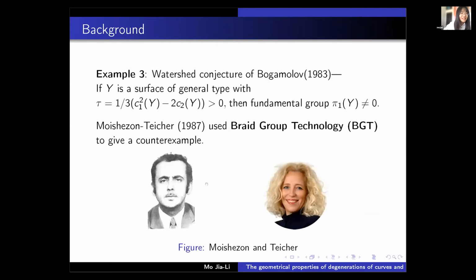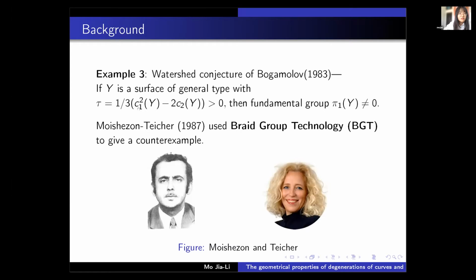Now, let's look at the last example. This is the watershed conjecture made by Bogomolov in 1983. If Y is a surface of general type with tau greater than 0, then the fundamental group pi 1 is not equal to 0.